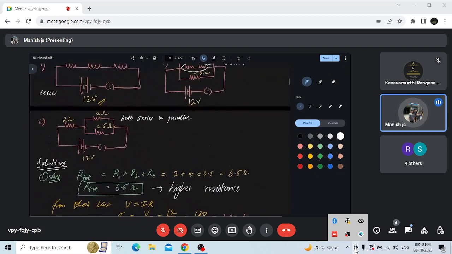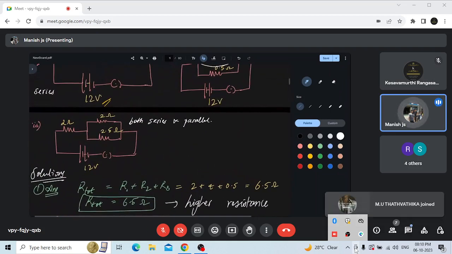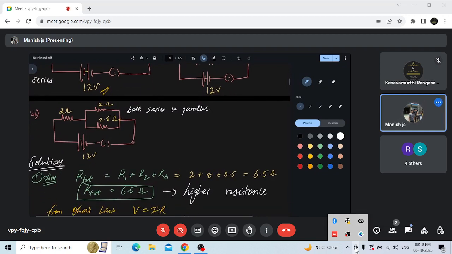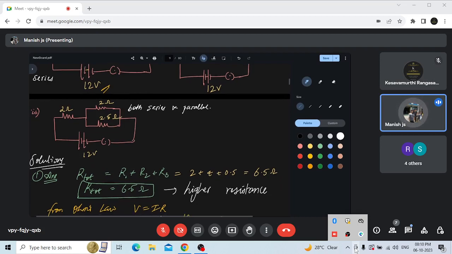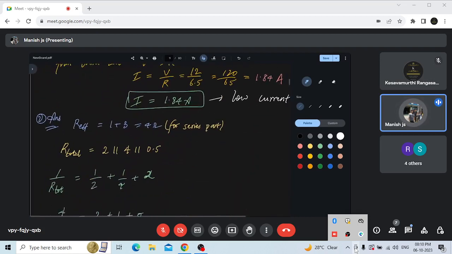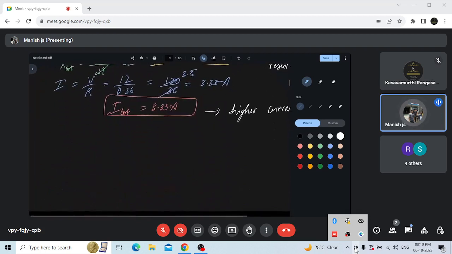And last question, what is the answer for this part? Again, you need to find out the combination. You have 2, so 2, you keep it on the left side. On the right side, you have 2 and 2.5, which are in parallel. First you will simplify that. It's a 2-stage process for the third one.